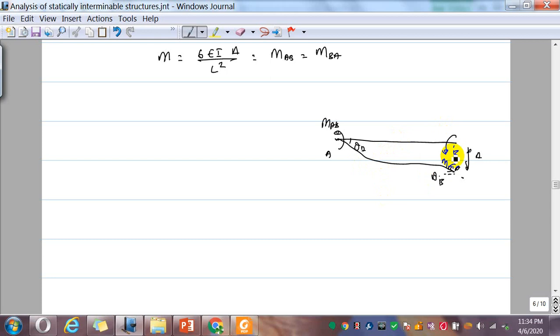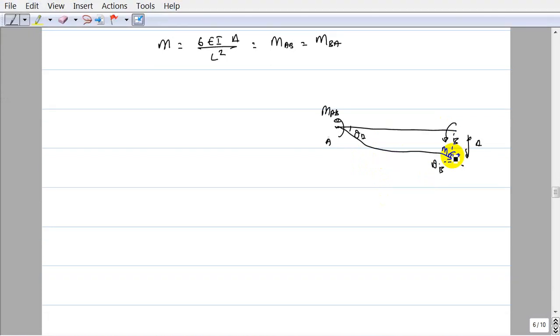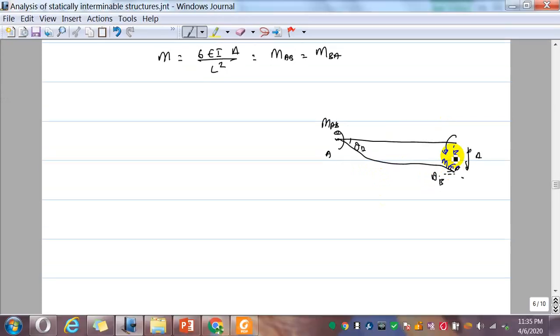So there is a rotation on one side, another rotation on the other side, and there's a settlement. So if all these three are occurring, we need to consider all these three conditions.